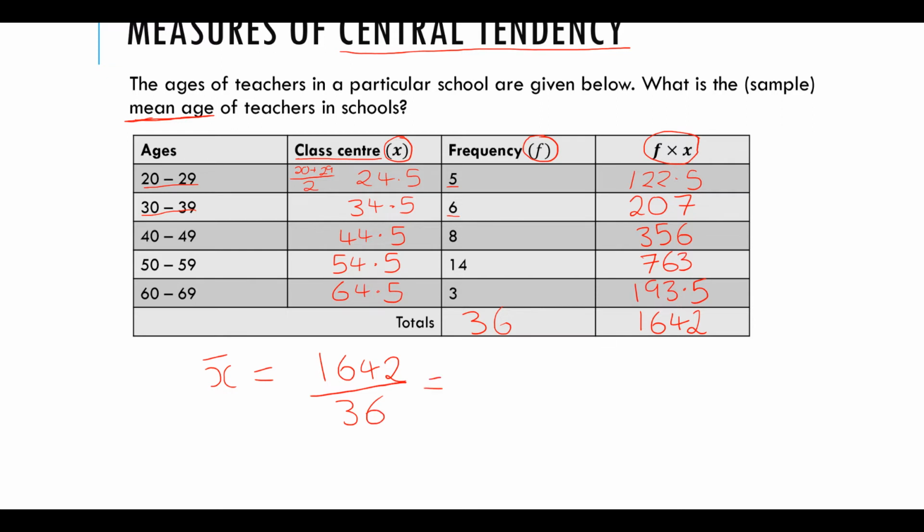Once again, we put that into a calculator, you will get 45.6 accurate to 1 decimal place. That's it, mean from a grouped frequency table.